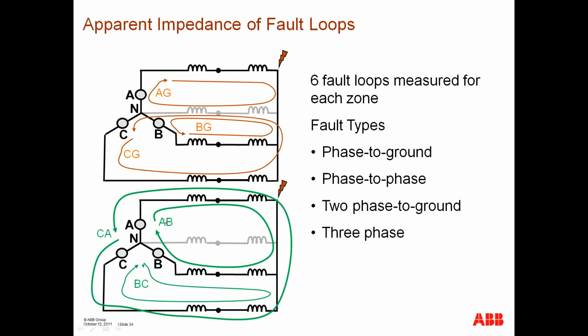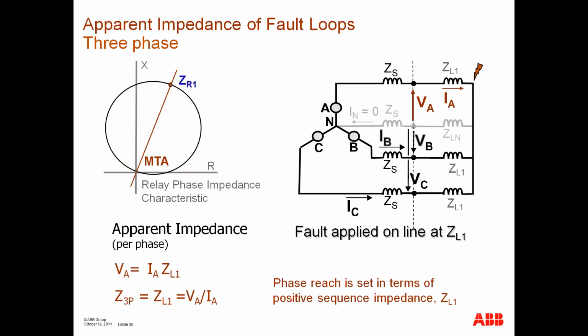On the lower part, I show the phase-to-phase loops: this is the AB loop, this is the BC loop, and this is the CA loop. Those are the faulted loops, and I do not show a loop for 3-phase faults, but I will illustrate it in this example.